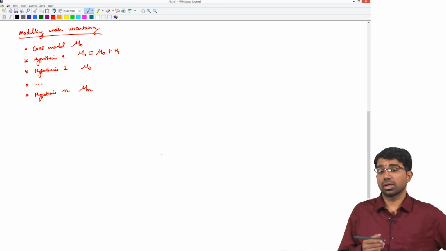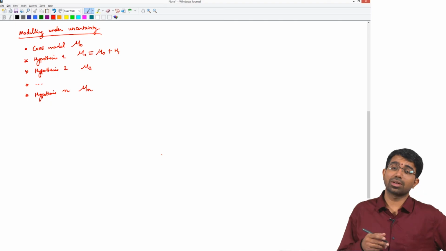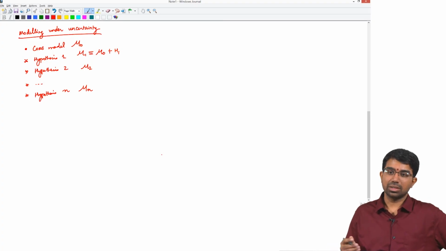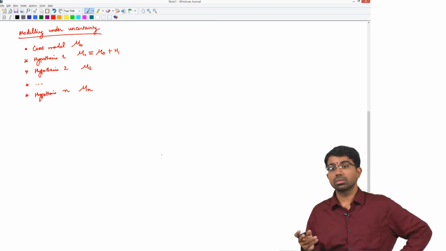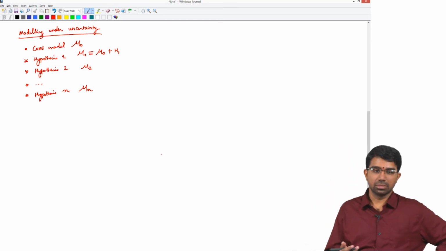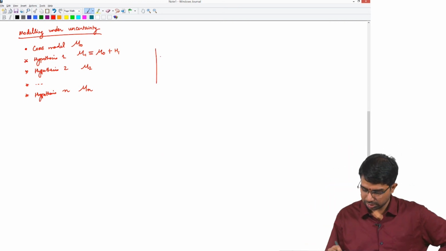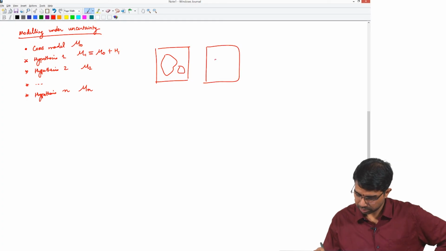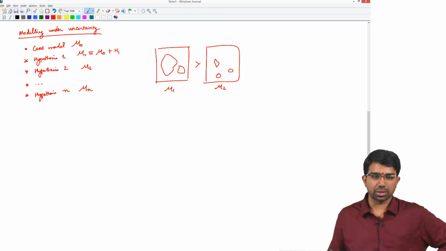Or you can see for which model you maximize the probability of observing the data across several parameter sets, which means that the model is more robust. So, this goes back to something that we have seen multiple times. If this is M1 and this is M2, you would say this is a better model.